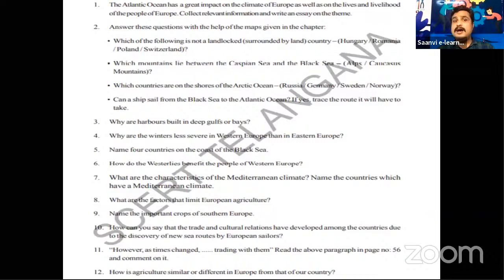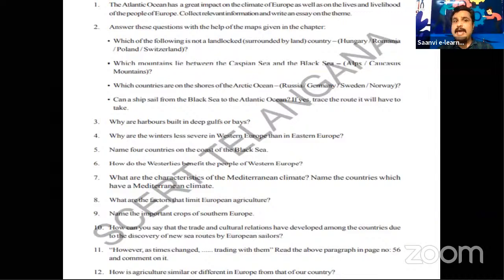Which countries are on the shores of the Arctic Ocean? Russia, Germany, Sweden, and Norway. Which one is correct? Norway, Sweden, and Russia. Okay?